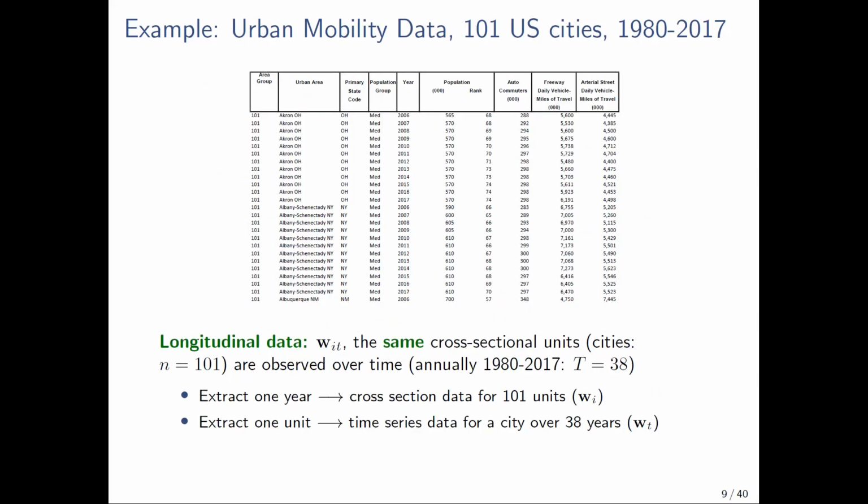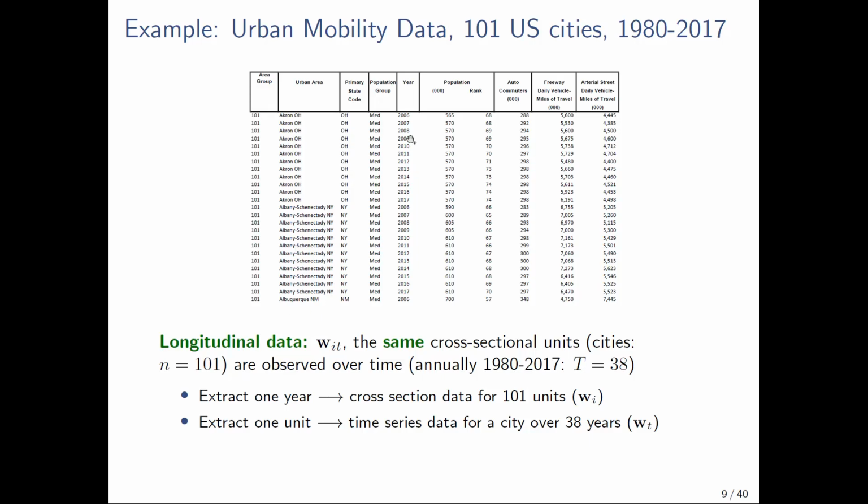Here's an example of a typical applied data set that will hopefully demonstrate what I mean by these data structures. Here we have urban mobility data that's been collected for 101 US cities from 1980 to 2017, and it's been updated annually. You can see the cities listed here under urban areas: Akron, Ohio, Albany, New York, Albuquerque, New Mexico, and so on.